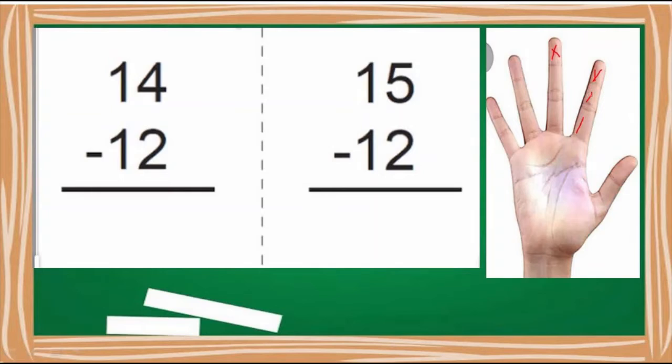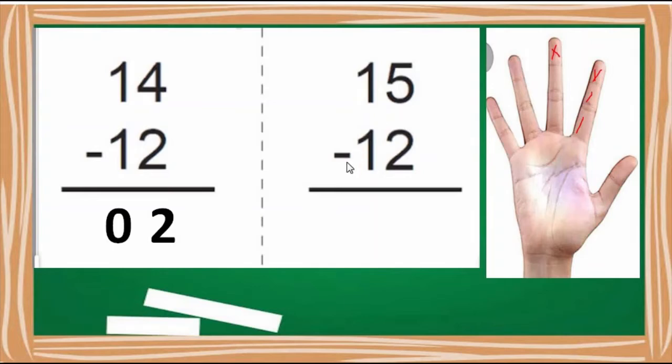See how many fingertips are remaining? 1, 2. So, we can say that 4 minus 2 is equal to 2. And now you can easily say that 1 minus 1 is equal to 0. Okay. So, we can say that the difference between 14 and 12 is equal to 2.